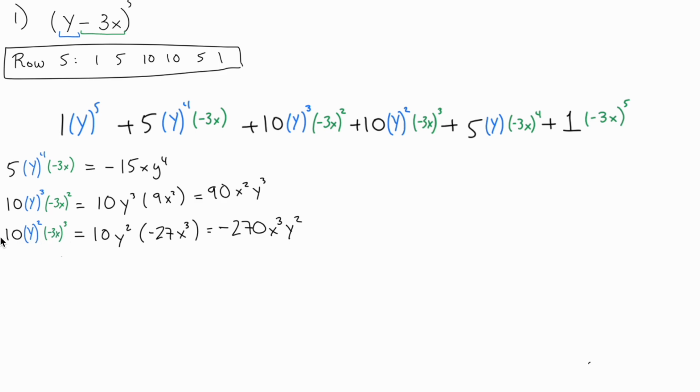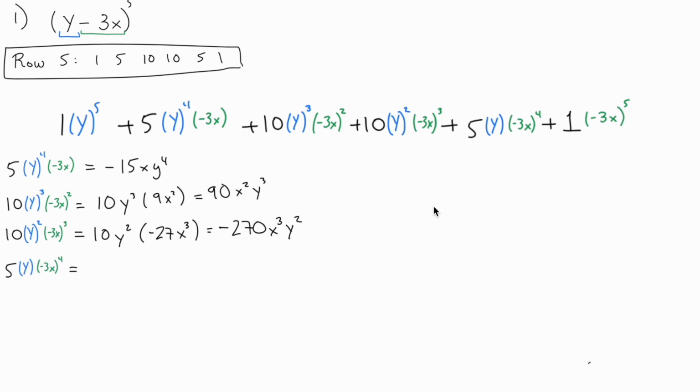So this is going to be 10y squared, negative 3 cubed, o sea, negative 27, x cubed. I now can multiply numbers by numbers, so that is 10 times minus 27, and that is minus 270 x cubed y squared.